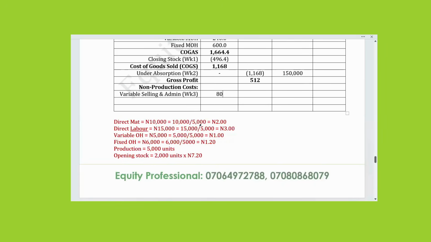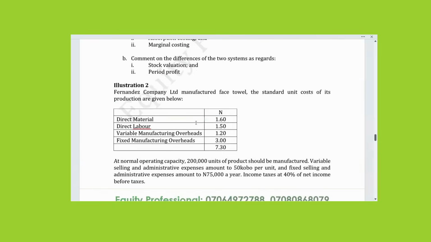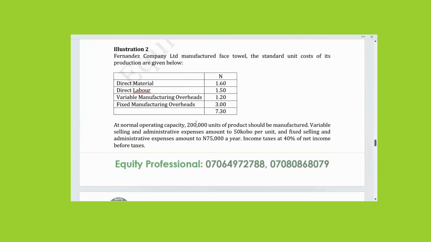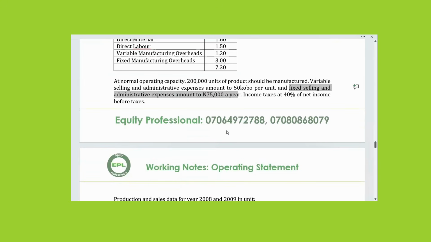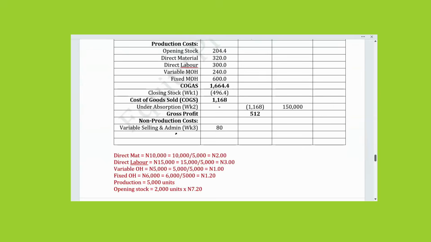I will go back to the question again to check if I'm given any fixed costs not related to production. So according to the question, we are told that fixed selling and admin expenses amount to 75,000 naira a year. All right. So fixed selling expenses is 75,000. It's not related to production. It's a selling cost, a fixed selling cost.